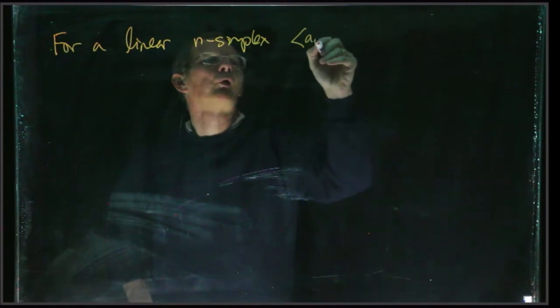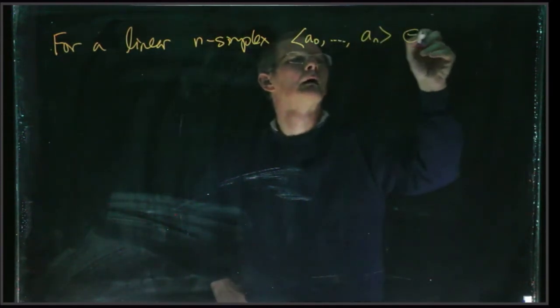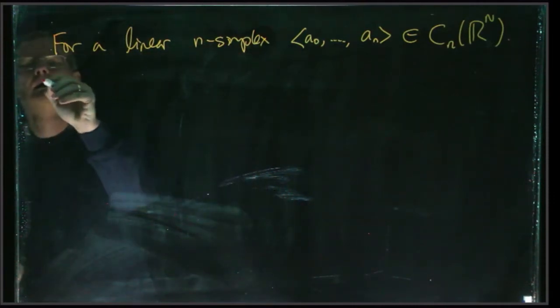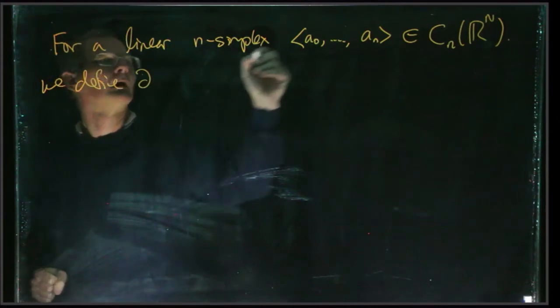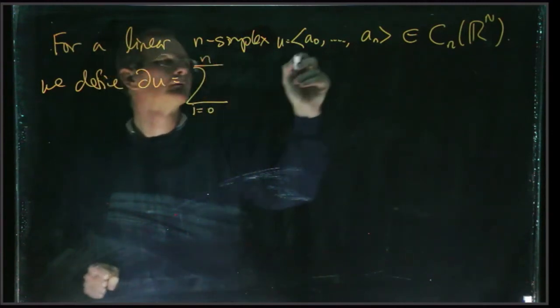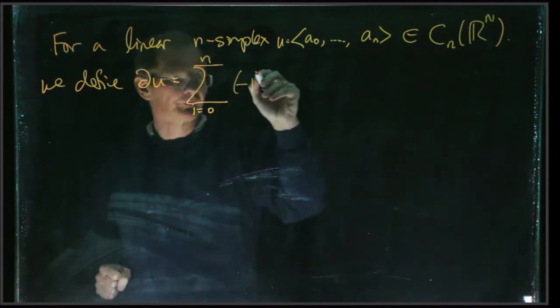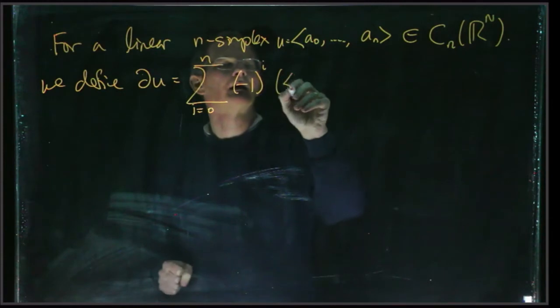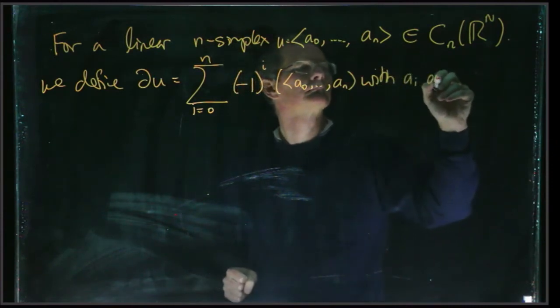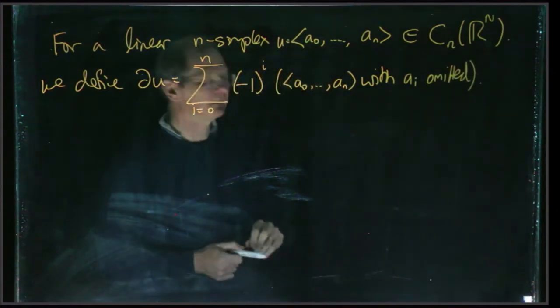To state that general rule again for a linear n-simplex, this is going to be an n-chain in some Euclidean space R^N. dU is the sum from i equals 0 up to n of alternating signs, so (-1) to the power i, and then the thing with A_i omitted.